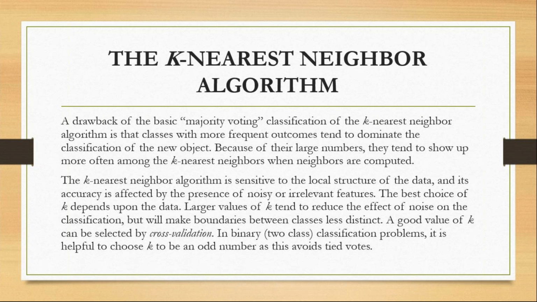In a binary, two-class classification problem, it is helpful to choose k to be odd, as this avoids tied votes. So the last line: what is the meaning of it, and why has it recommended that I take the value of k as odd, why not even?